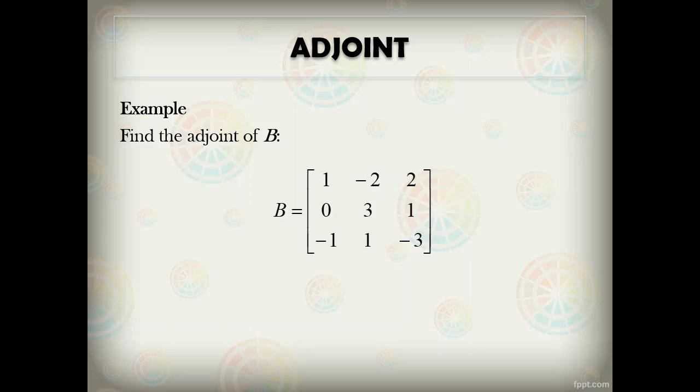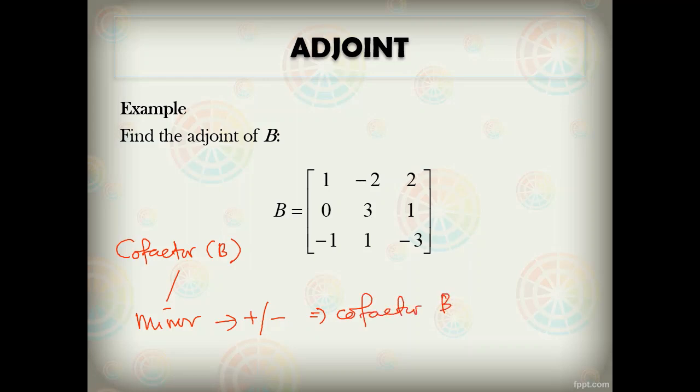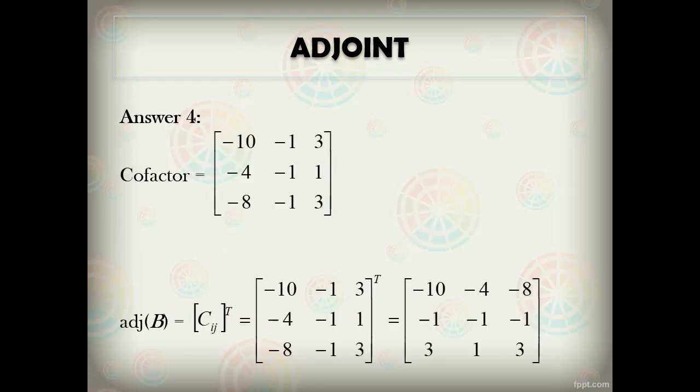Follow the first step: you need to find the cofactor of matrix B. In order to find the cofactor, you need the minor, and then you proceed with putting the positive and negative 1 sign to your minor, so you get the cofactor.